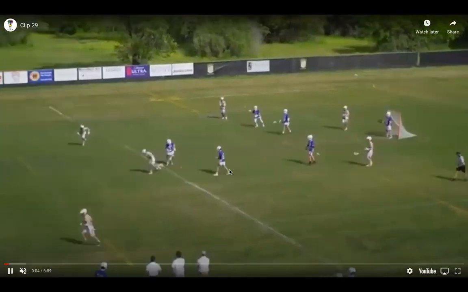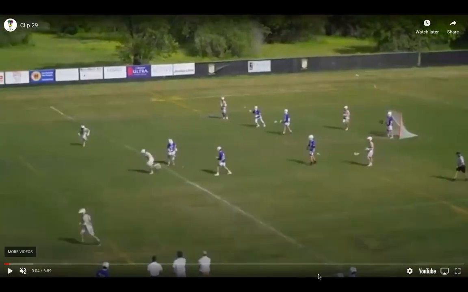Okay, now this is another big dynamic. I want you to look where we are on the field. This is the blue goalkeeper. This is the white goalkeeper. The white goalkeeper has cleared the ball up the field, and a technical foul has occurred. This technical foul has occurred because the goalie has left his crease area.